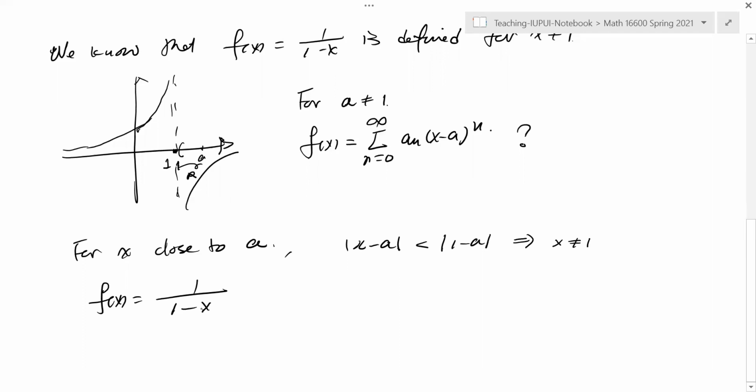I can let u be x minus a, to make it easy. So x is going to be u plus a. Great, so 1 minus (u plus a).